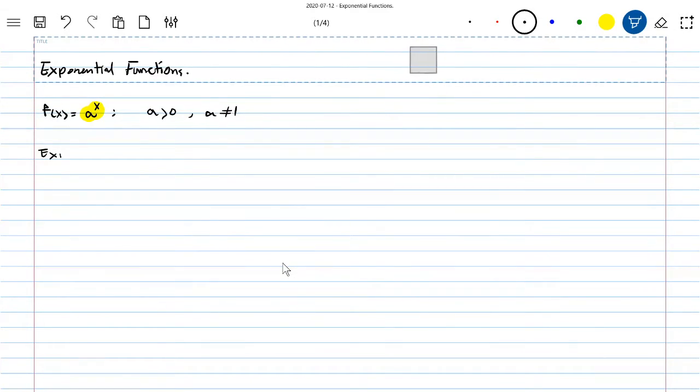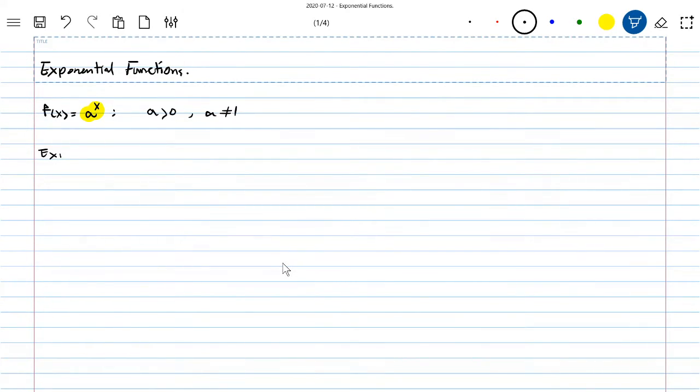Normally we write this as a to the power x, and a, as the base, we assume it's a positive number. If you pick 0, then 0 to any power is 0, so we avoid 0 as well. So all positive numbers. As well, if you pick 1, 1 to power 2, 1 to the power 3, 1 to the power 4, doesn't really make any difference. Still always 1. So we avoid the case of base being 1 as well.